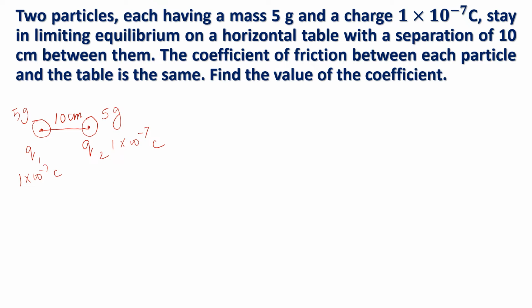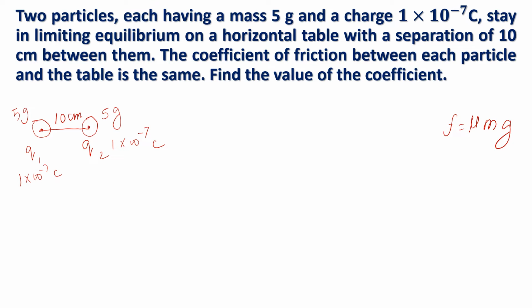In the limiting equilibrium, F is equal to mu mg. That is the formula for finding the frictional force in the limiting equilibrium. This frictional force between the charge and the table will be equal to the force between the two particles.